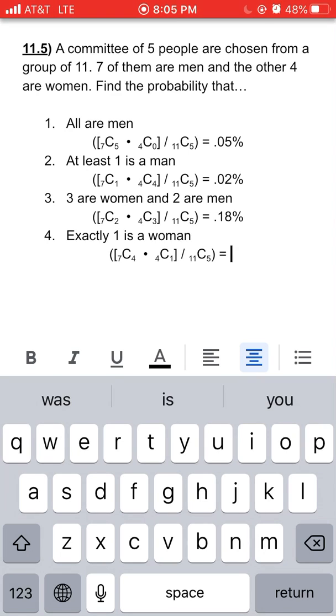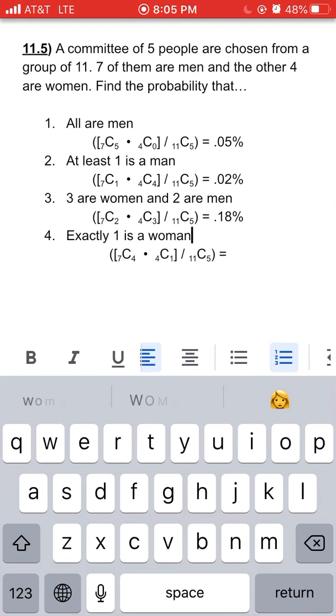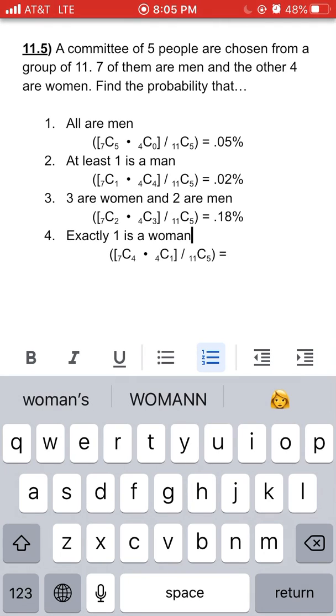Exactly one is a woman. Okay, so for this one, I chose not to go with the other way of doing this problem, which would be saying that there are no women, because, well, I don't know, I just did it this way.